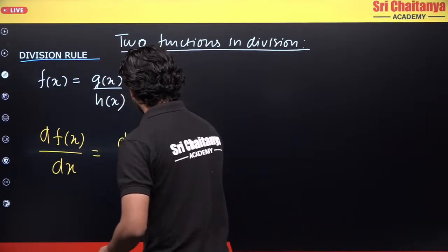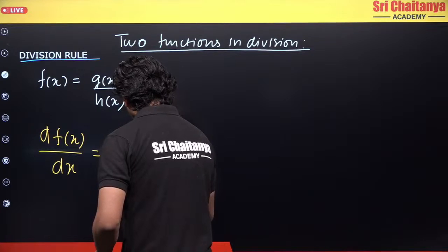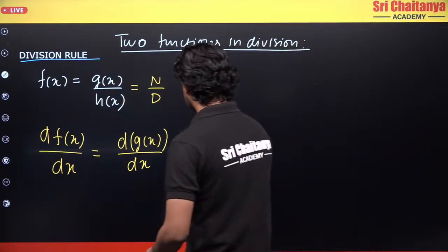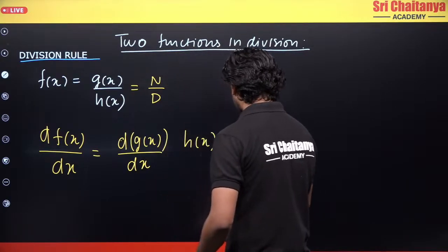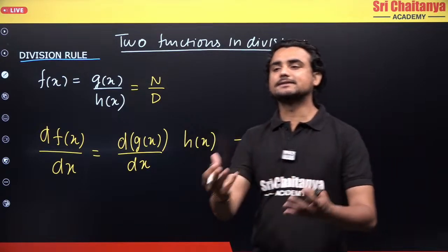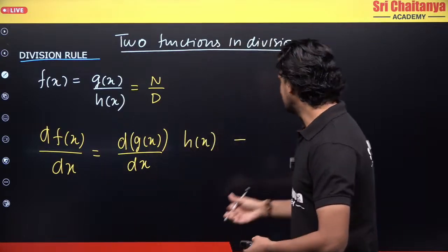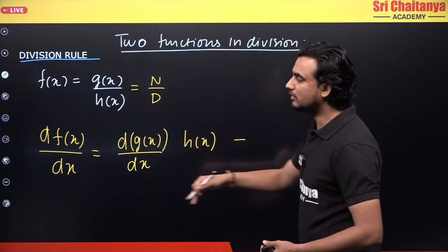And what is the nurse? g(x), the numerator. I differentiate it. And what about the doctor? I will keep the doctor as it is. Minus. Now, once I meet the nurse, the nurse will send me to the doctor. So now I will differentiate the doctor and keep the nurse as it is.